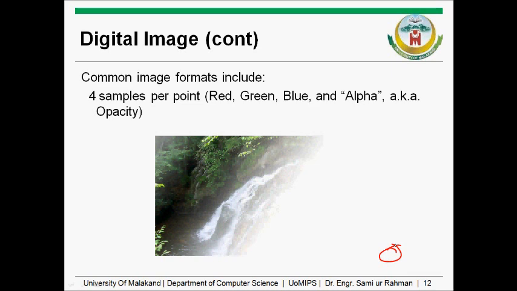For example, in medical imaging, if you have an MRI image and you want to see inside the body, you will have to take the surface image as transparent, and this is a very interesting area. You take the inner object less transparent as compared to the outer surfaces, and then you can see inside the body.